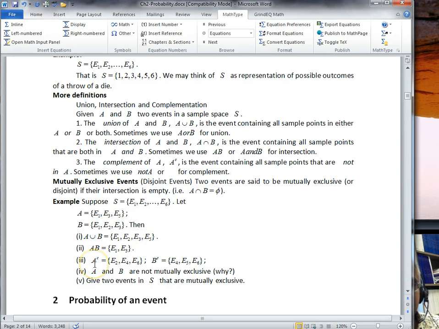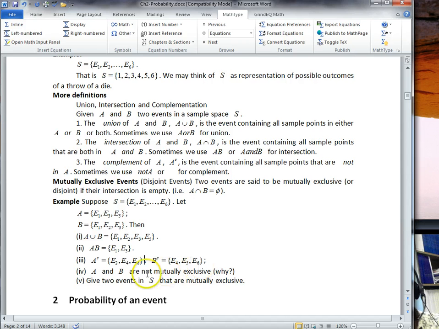A complement would be anything that's not in A but in S. So E1 is in A, E2 is not, E3 is in A, E4 is not, E5 is in A, E6 is not. So that's my A complement. My B complement would be, B is 1, 2, 3, so B complement would be 4, 5, and 6.